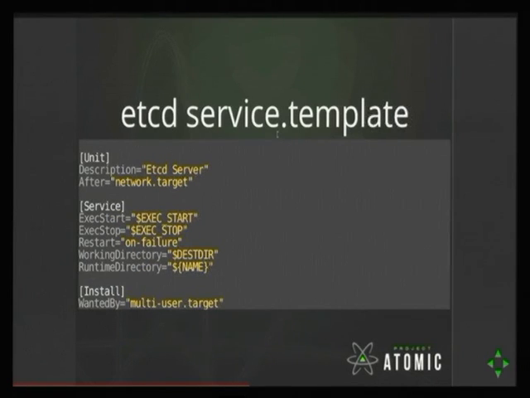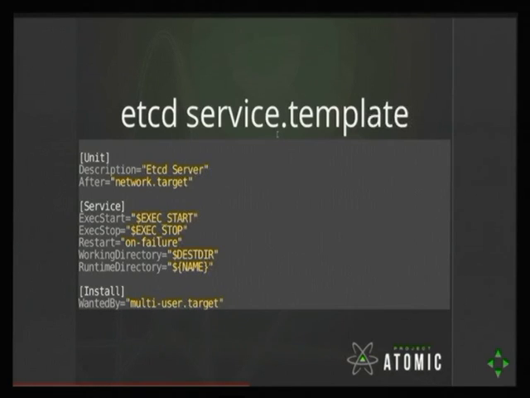As I was saying, if you're not happy with the default configuration generated, you can provide one for systemd. The default one looks very similar, but here you can see also that we use again the template mechanism, the exec start and the exec stop for the service.